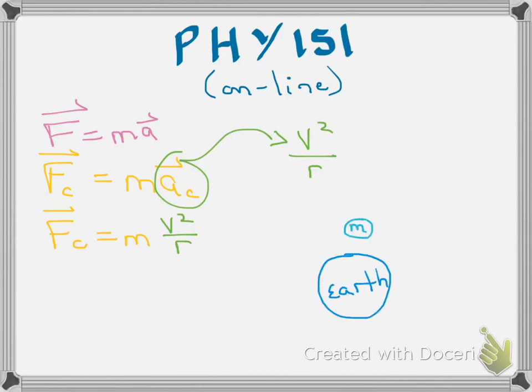If we're talking about the moon as it orbits the Earth, the moon's velocity is tangent to the circular path. The centripetal force points to the center of the circular path, and that centripetal force is the force of gravity acting on the moon.